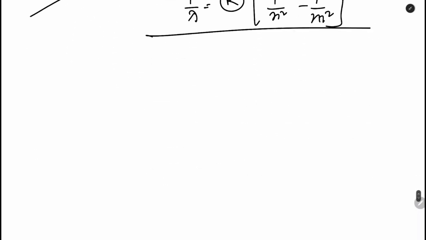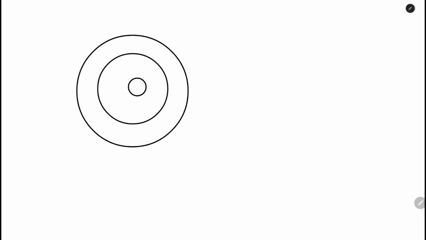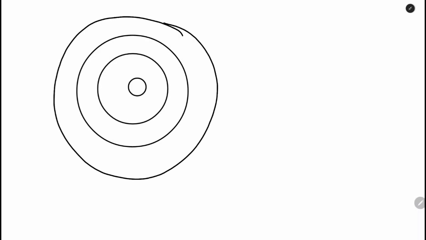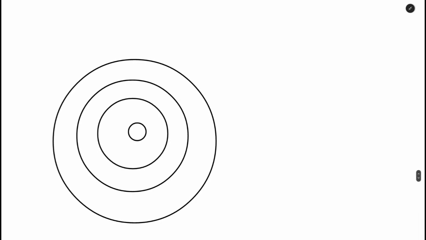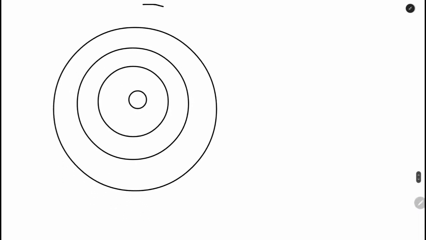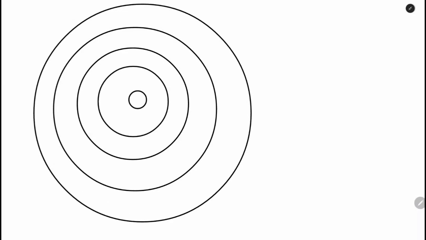Okay, this is the proton. Let's say this is n is equal to 1. This is n is equal to 2. And this is n is equal to 3. Or let's say this is n is equal to infinity.